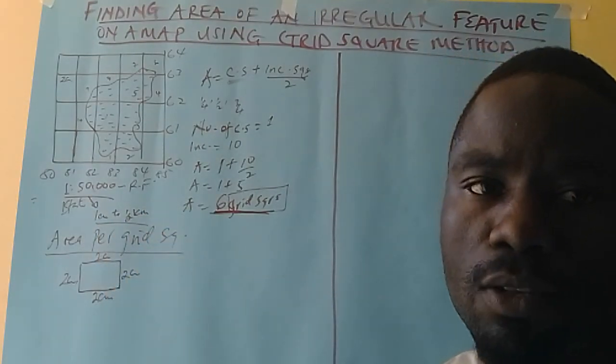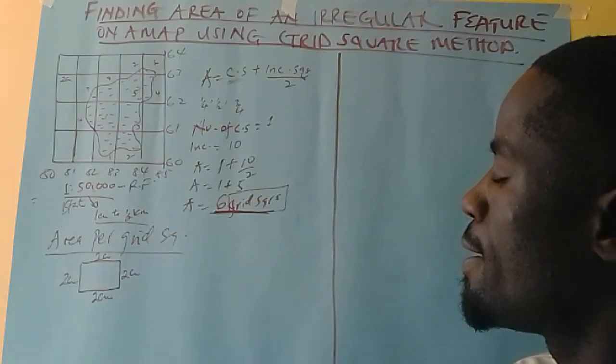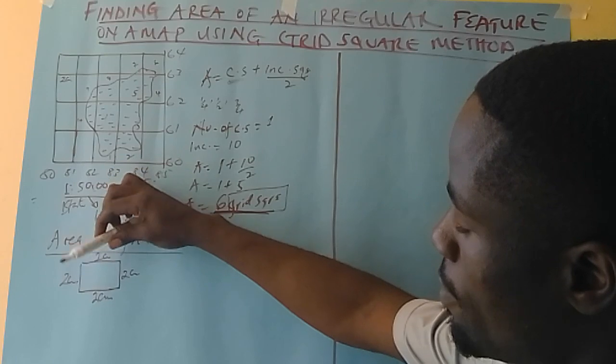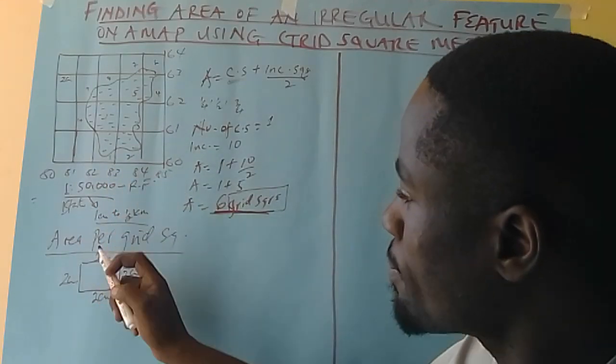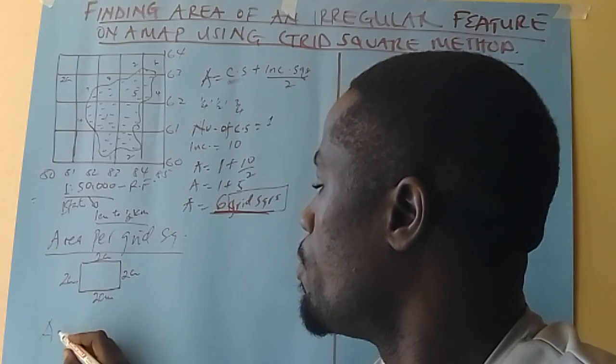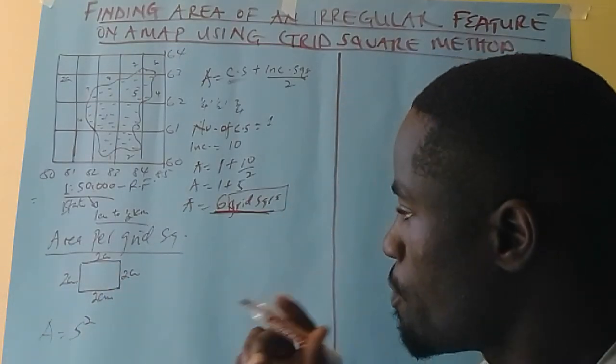Using the previous lessons, we looked at how we can find this. So if that is the case, we want to find out the actual ground area per grid square. The area of a square is S squared.